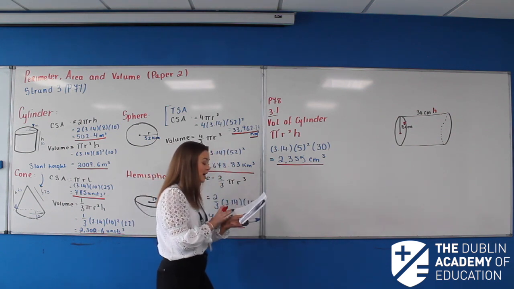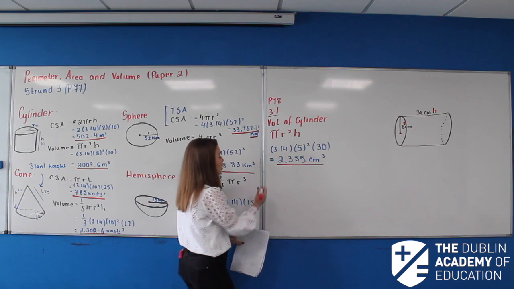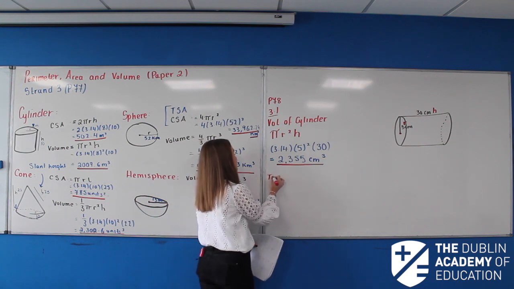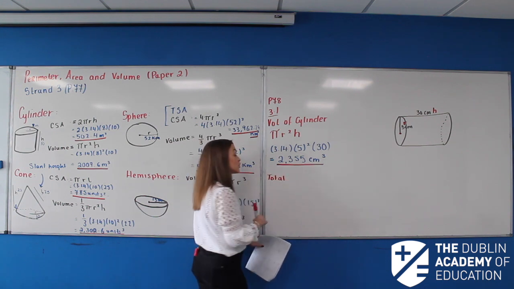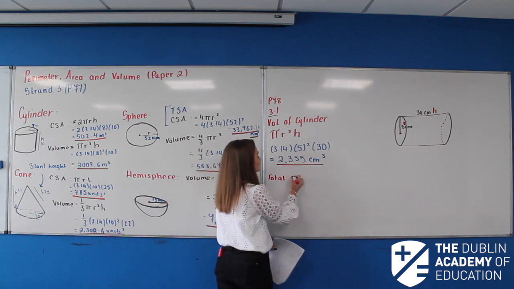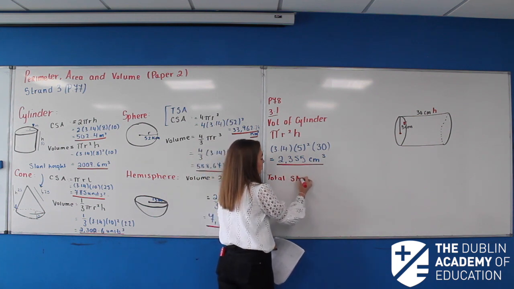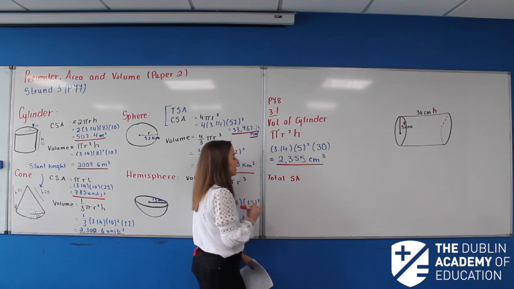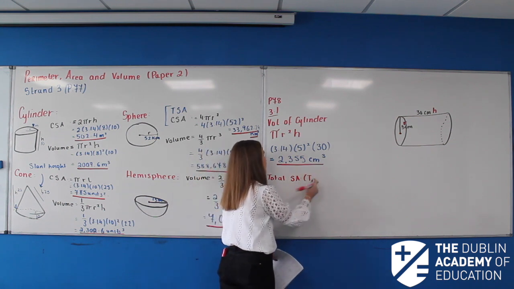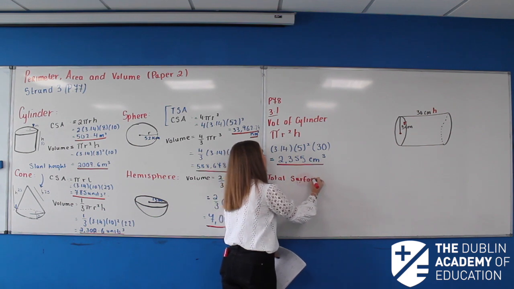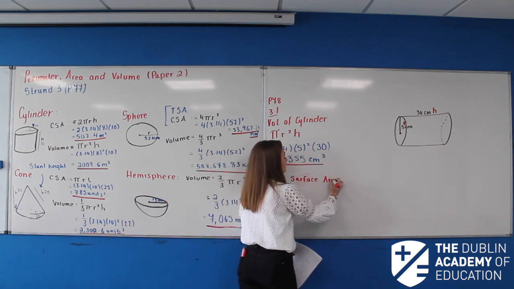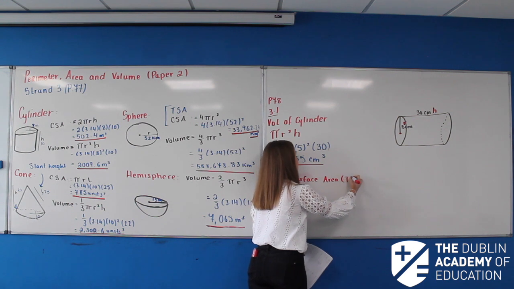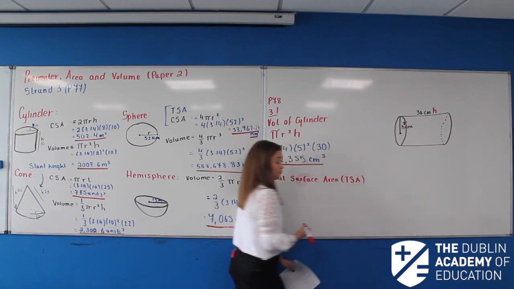Now, the second part of this question asked us about the total surface area. They didn't say the word total, but that's what they're looking for. So the total surface area, okay? Often we refer to total surface area, I'm going to write it out, actually. So total surface area, oftentimes you'll see TSA, okay?